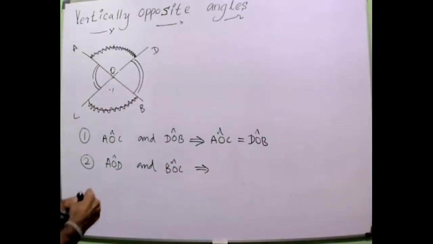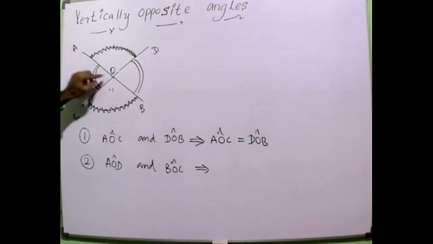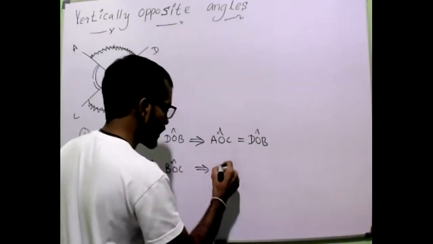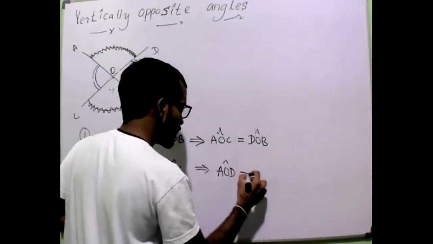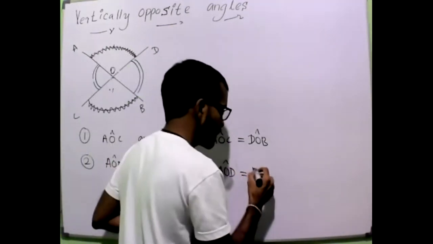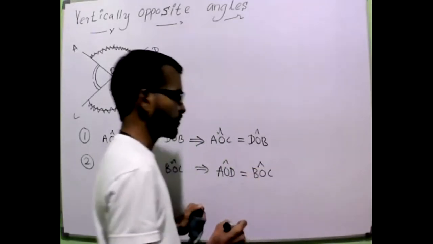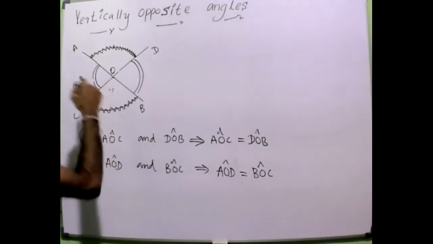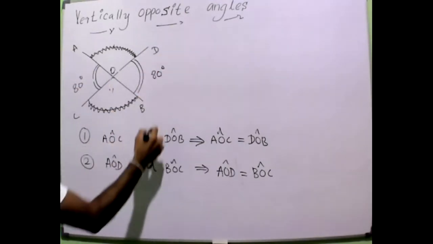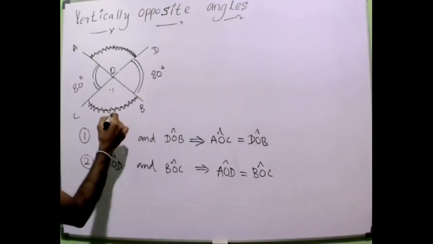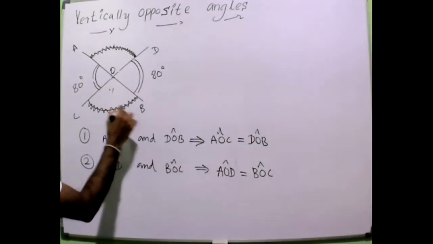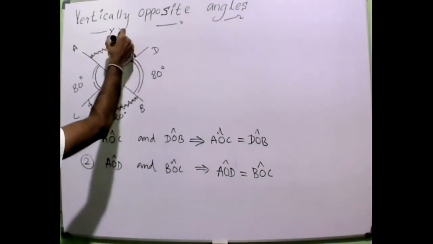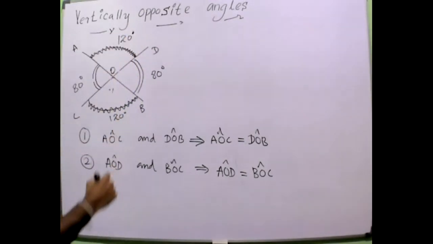Likewise, AOD and BOC, those two angles are also equal. AOD angle equals BOC angle. Magnitudes are the same. For example, let's say this is 80 degrees. Definitely the opposite angle is also 80 degrees. Let's say this angle is 120 degrees. The magnitude of the AOD angle is also 120 because they are opposite.